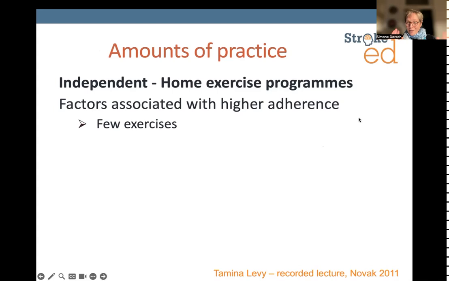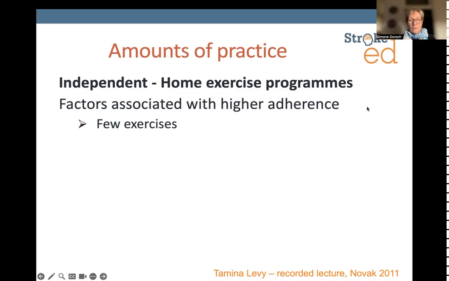So don't give people 10 things to do. That is an absolutely key thing. You will get much higher adherence. The first time you do it, give somebody one thing to practice, so they can really nut away at doing that one thing, get a lot of reps of one thing and see change in that one thing. Maybe you can add on a couple more, but the message here is don't give people 10 things to do. You're actually going to get much higher adherence with much less.